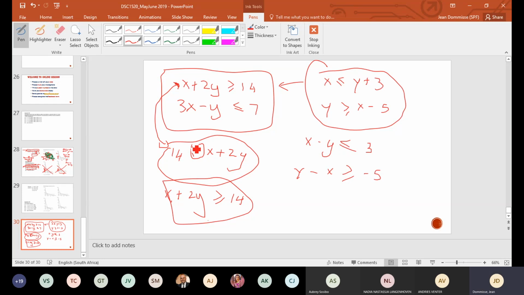Yes, so the signs change if you divide or multiply by a negative.